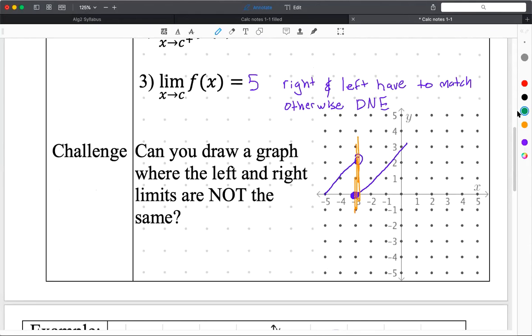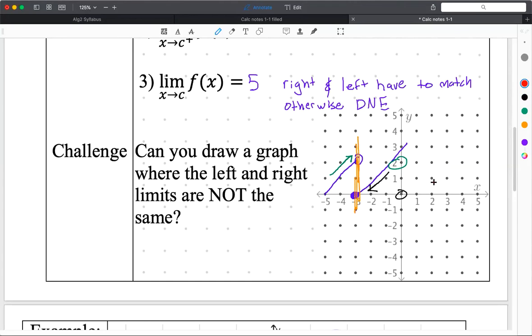As I go from the left, I have a height of 2. As I go from the right, I have a height of 0. 2 and 0 obviously don't match. As I approach this wall, my y coordinate is not the same. I can draw another one if you'd like.